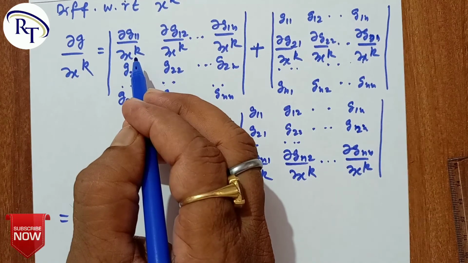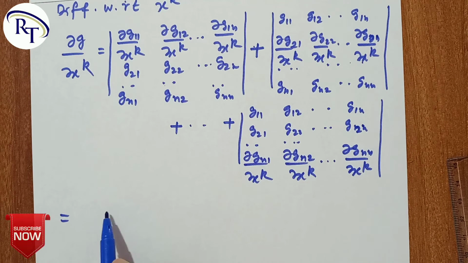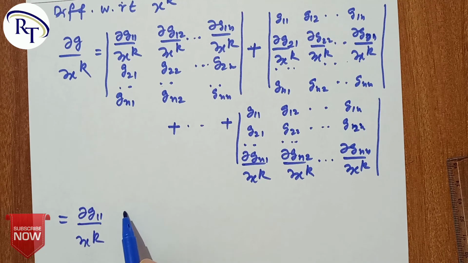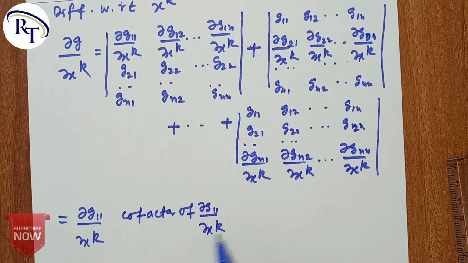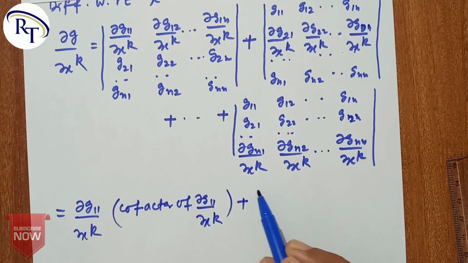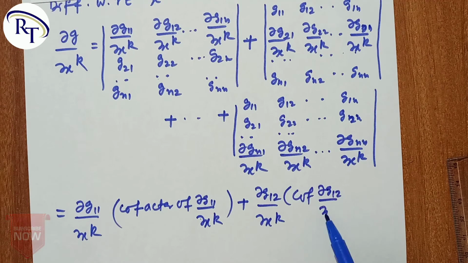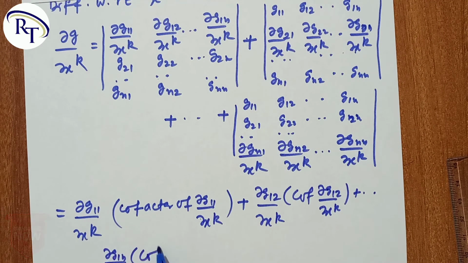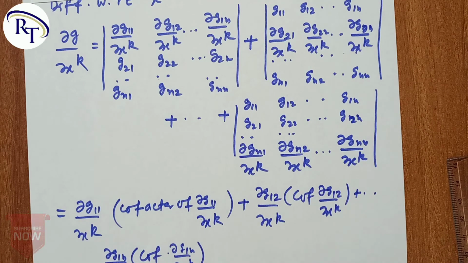First we take ∂G11/∂x^k and then the cofactor of ∂G11/∂x^k, plus ∂G12/∂x^k and the cofactor of ∂G12/∂x^k, plus so on, and similarly ∂G1n/∂x^k and the cofactor of ∂G1n/∂x^k. So that is for the first determinant, and similarly for the second determinant and the last. The number of terms is n by n, meaning n square terms.